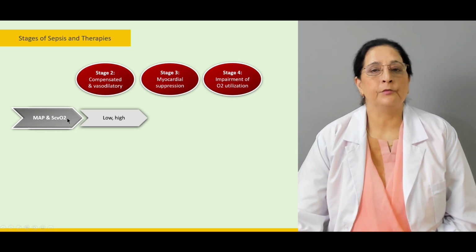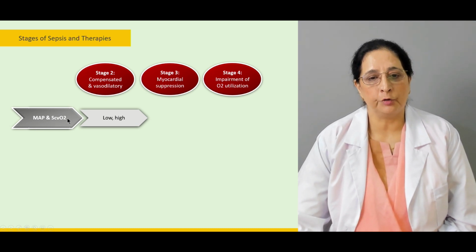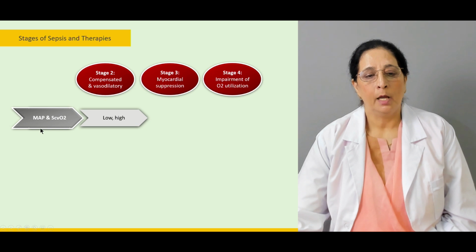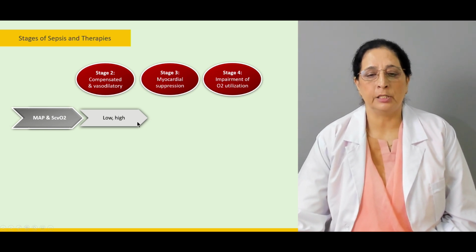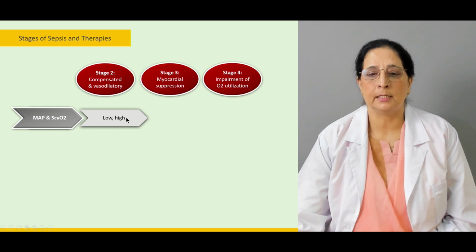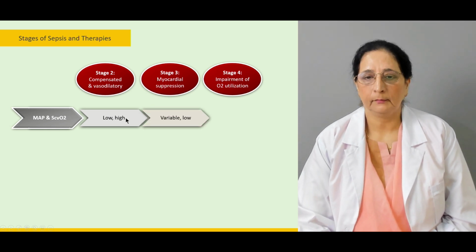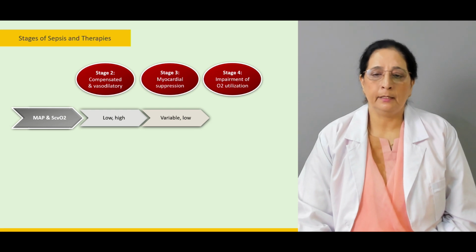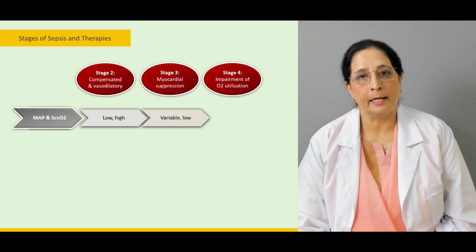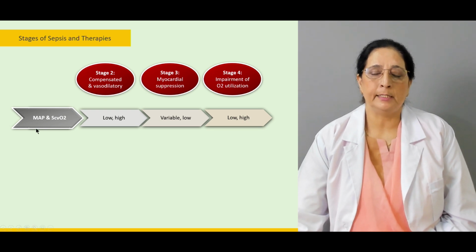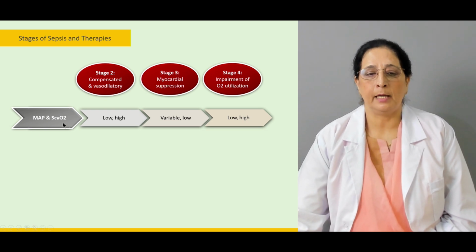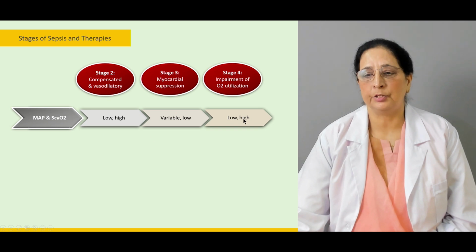And central venous oxygen saturation in stage 2, its mean arterial pressure is low and venous oxygen saturation is high. In stage 3, it's variable and low. In stage 4, its mean arterial pressure is low and central venous oxygen is high.